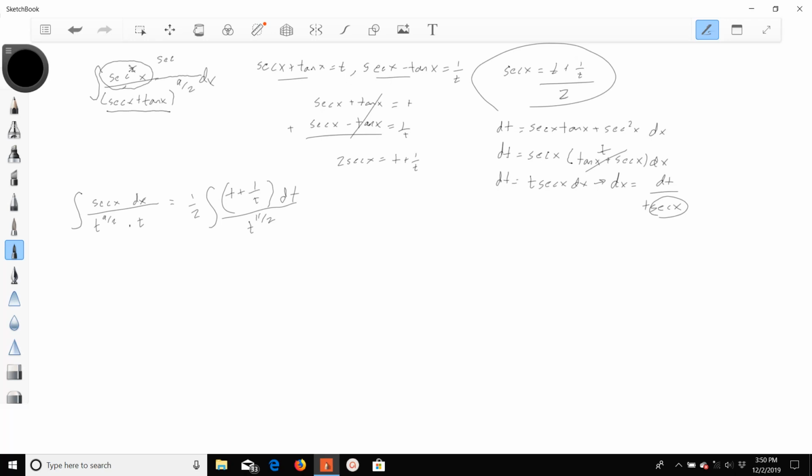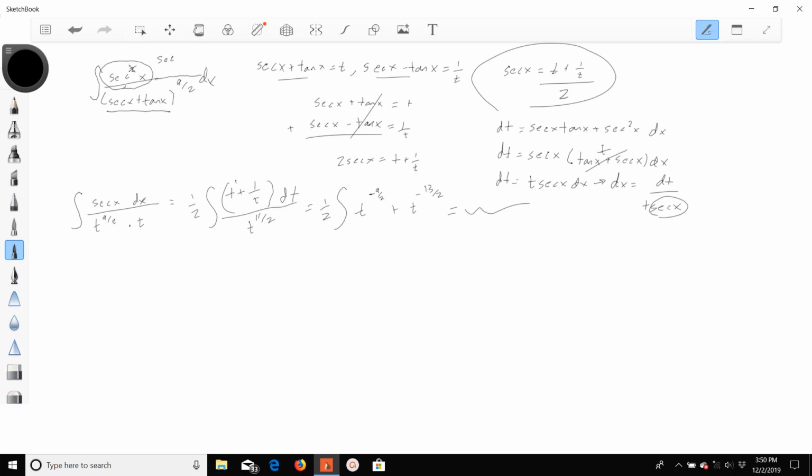So I guess I'll follow it through. 1/2 the integral of t plus 1 over t, over t to the 11/2, is t to the -9/2 plus t to the -13/2, and we integrate that and we get yada yada.